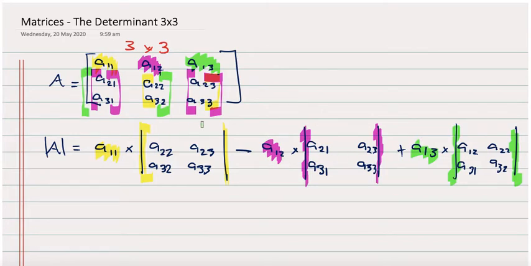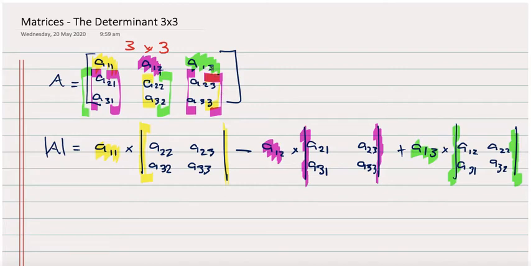So hopefully you can see a little bit of a pattern emerging, such that with the first one, the yellow, A11, we do the determinant of the bottom right corner. Then for A12 in purple here, we're doing the determinant of the elements in the bottom, bar this middle one here. Then for the third one, we're doing the top right, remember, multiplied by the determinant of the matrix represented in the bottom left corner.